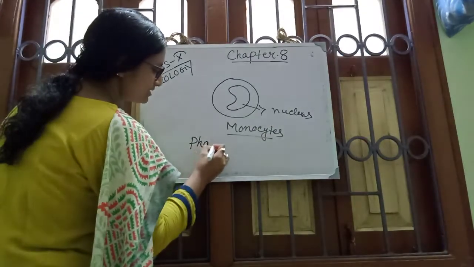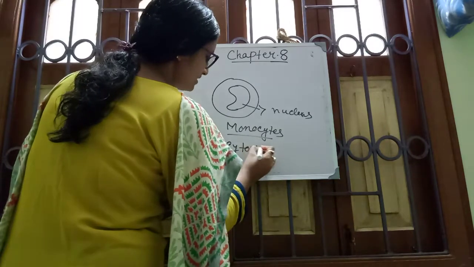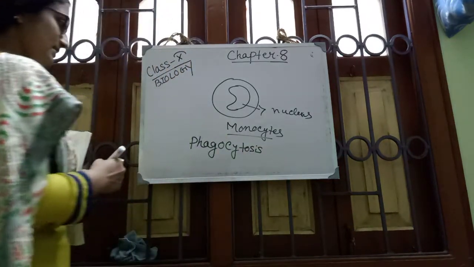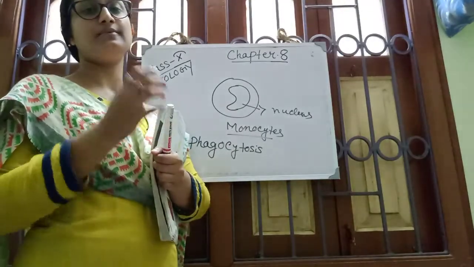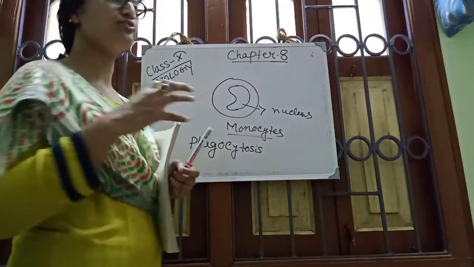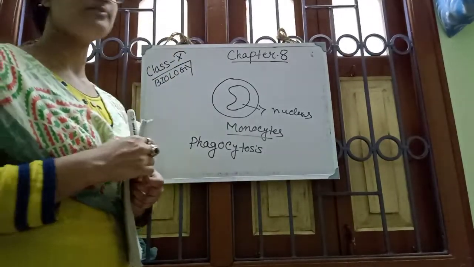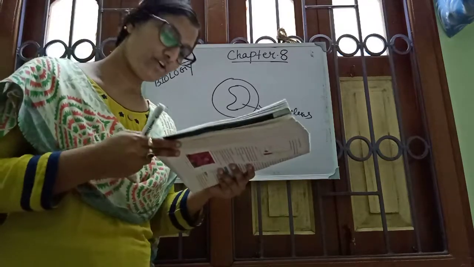What is this process? This is phagocytosis. Phagocytosis means that these cells engulf the germs, engulf the microbes and destroy them. This is called phagocytosis.